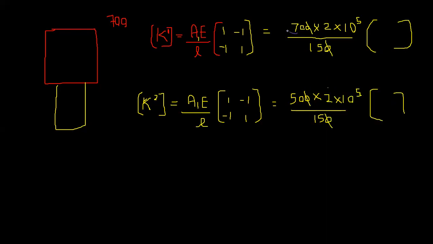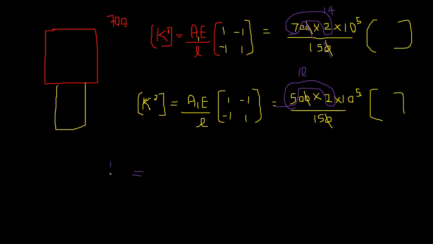It would be better if you bring this term into the matrix only. So I will be transferring these two. This is 10 and this is 14, so the remaining would be 10 to the power 6, and this 0 is there. 10 to the power 6 over 15, right?